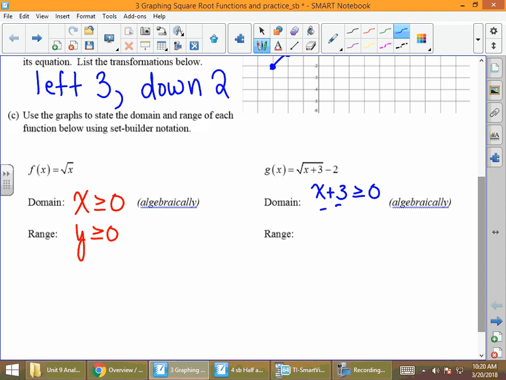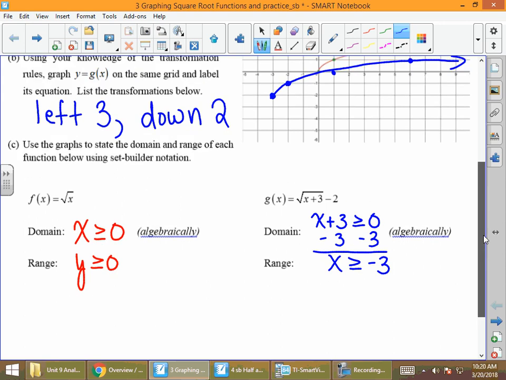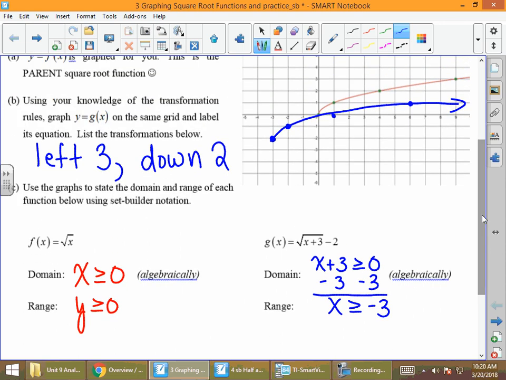We solve this, and our domain is x is greater than or equal to negative 3. If we go back and look at the picture of the graph, what's the value that's farthest to the left in this case? Well, farthest to the left is here at negative 3. Look at the starting point, so to speak, on your graph.